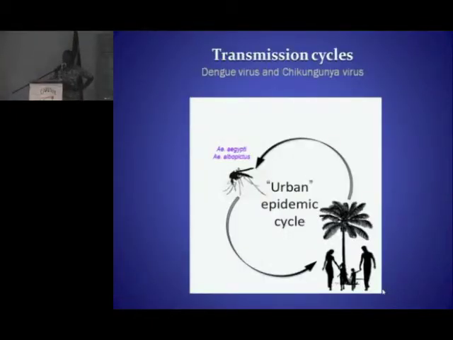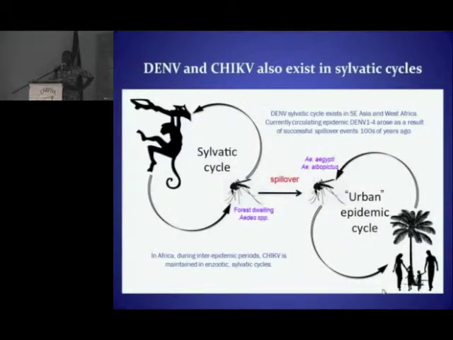Now, both dengue and chikungunya are transmitted in an urban epidemic cycle with Aedes aegypti and Aedes albopictus as the main vectors. So the urban epidemic cycle is what occurs in the Caribbean, but there is also a sylvatic cycle for both viruses, where the virus alternates between infecting forest-dwelling mosquitoes and mammalian species, of which primates are the main reservoir.